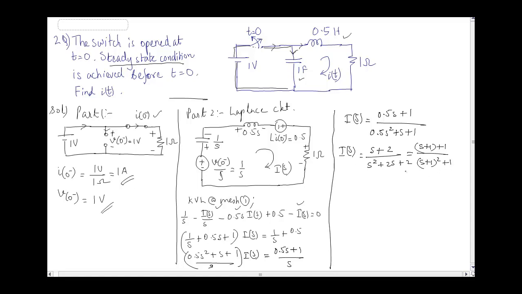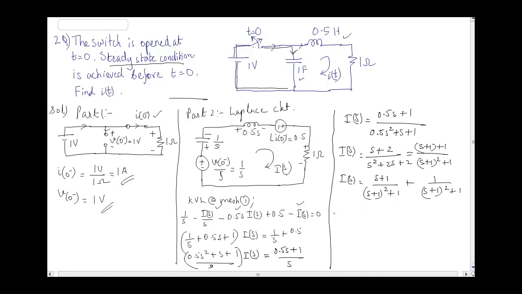If you remember, we had already taught in class how this can be written in this particular format, how to do the Laplace inverse transform. So my I of s will become s plus 1 divided by s plus 1 square plus 1, plus 1 divided by s plus 1 square plus 1.